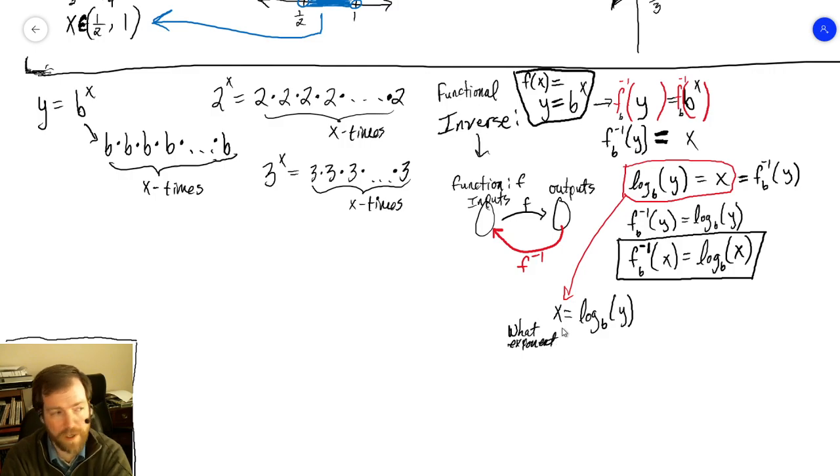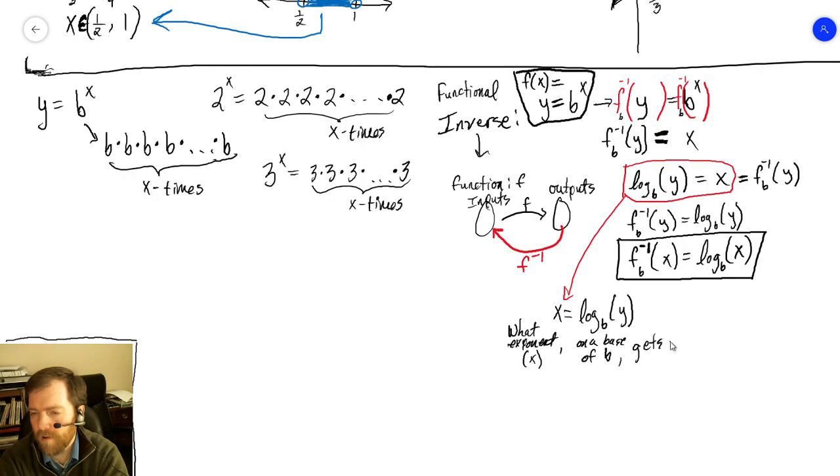This would have been: what exponent on a base of b gets me y?